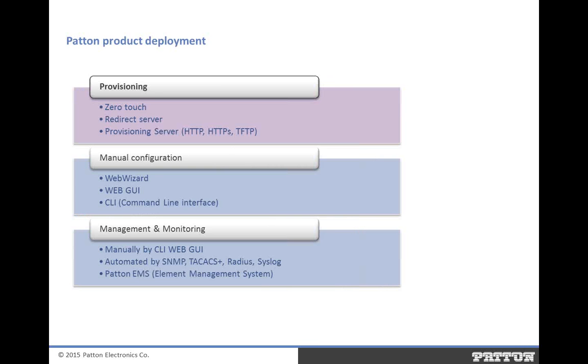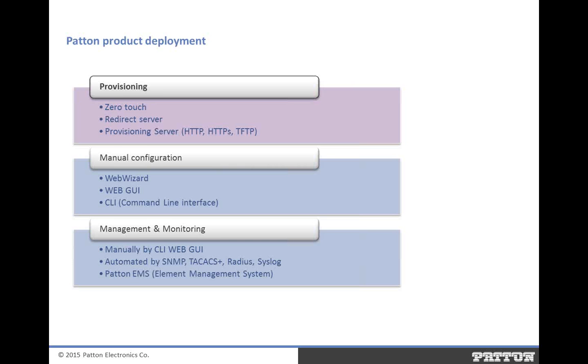Good. Now, a quick walkthrough on Patton product deployment. There are different stages and possibilities on how to install and deploy products from Patton. On the provisioning side, there is the zero-touch possibility, using the redirect server, which is part of our solution, and provides a really fast and time-saving way to do an install.